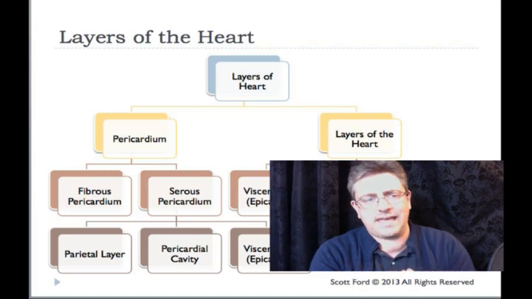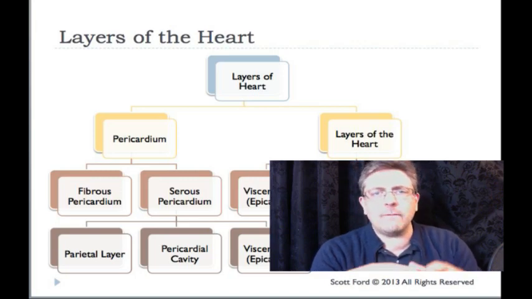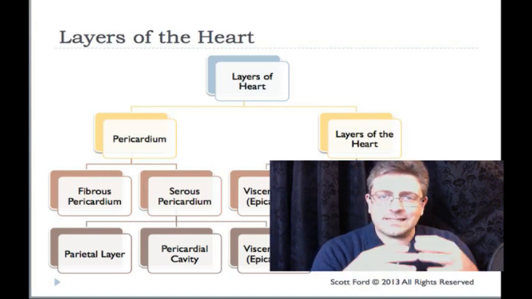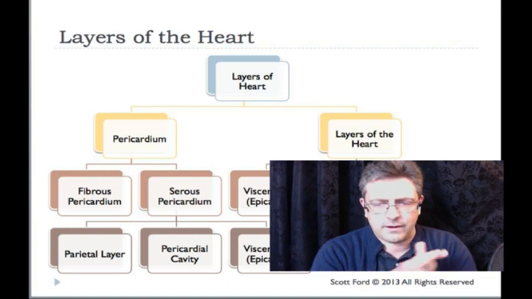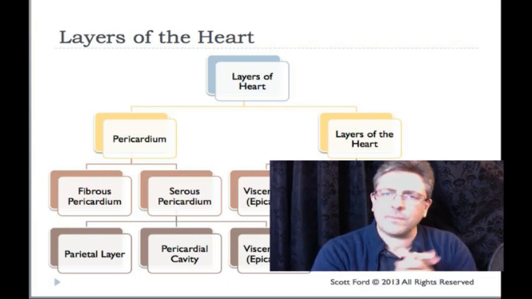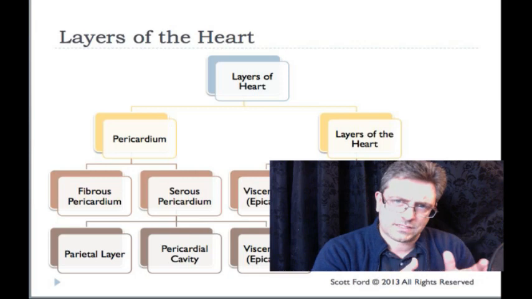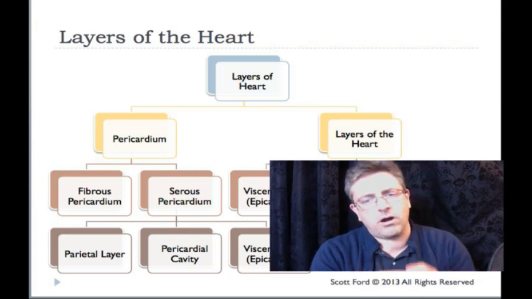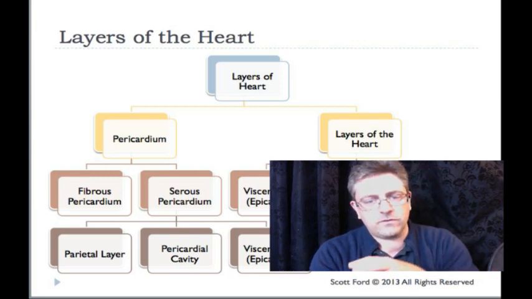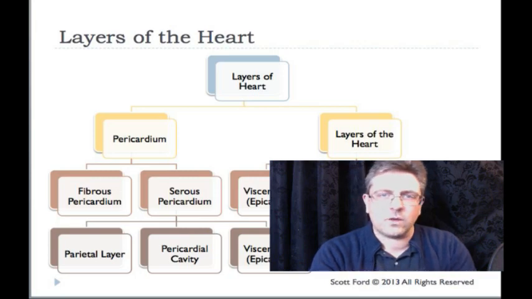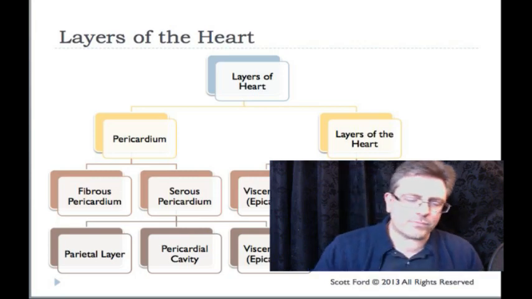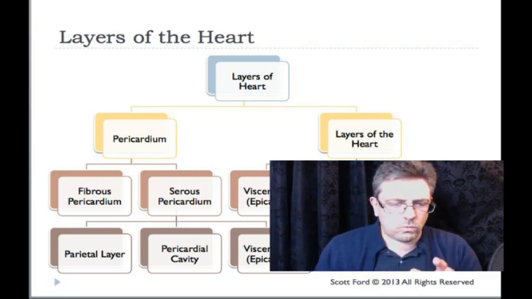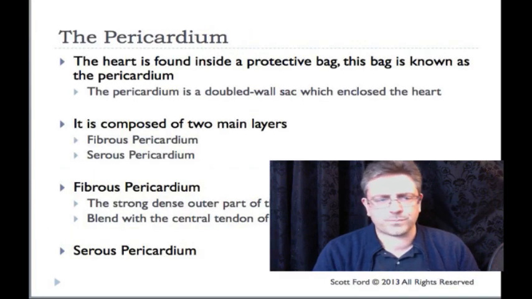We'll break this down into the components, into the layers, and it really doesn't get that hard, okay? We have something called the pericardium, which has some layers, and then we have the heart itself, which has some layers. And we're going to notice an overlap here. So don't worry, we'll start to break this down right now.